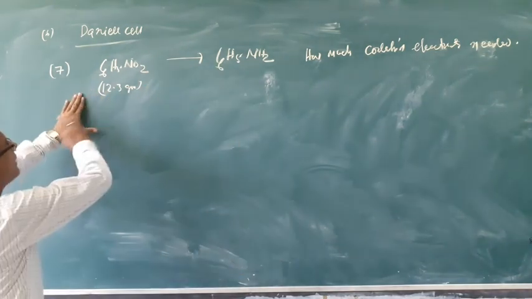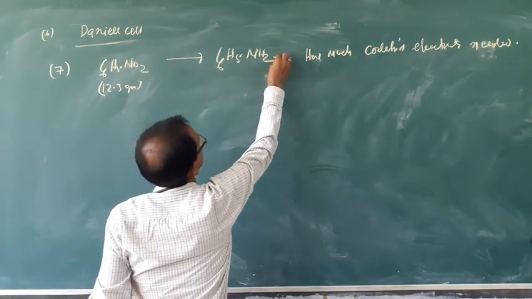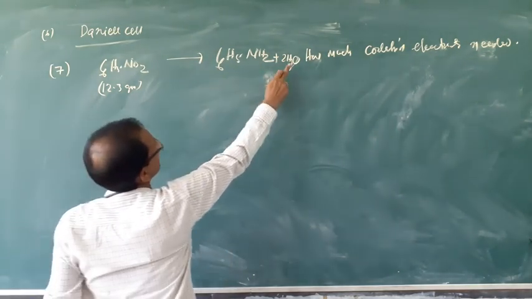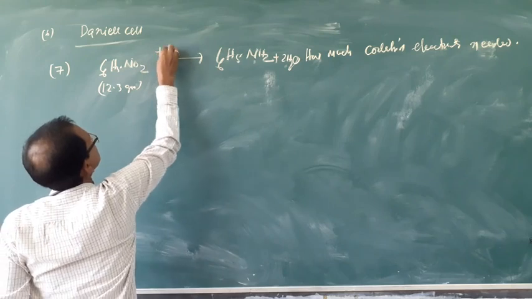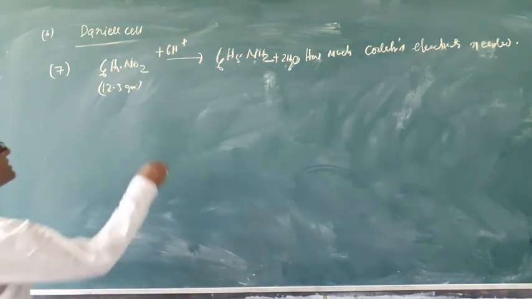If you balance it, here there are 2 oxygen, so just add 2 water. Now total hydrogen how much? 4 and 2, 6. So here 6H plus, which means 6 electrons are required.